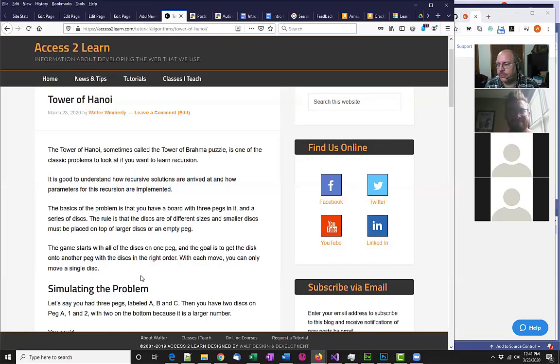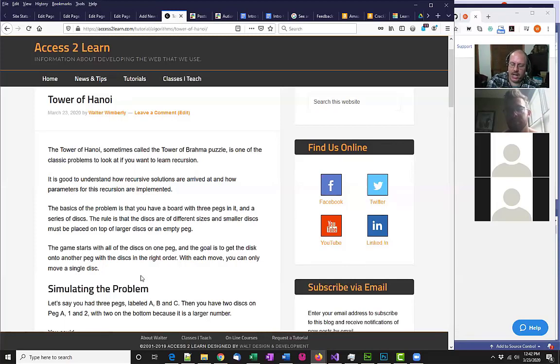Basically, you have 3 pegs, so you've got peg 1 or A, B, and C, if you want to call them that. Then you have a series of discs, and the discs are of different sizes.